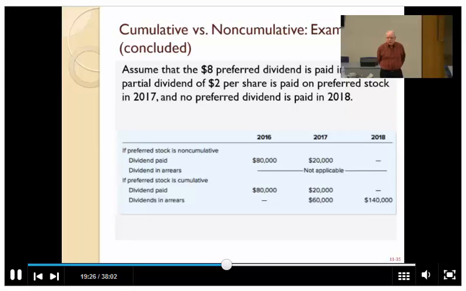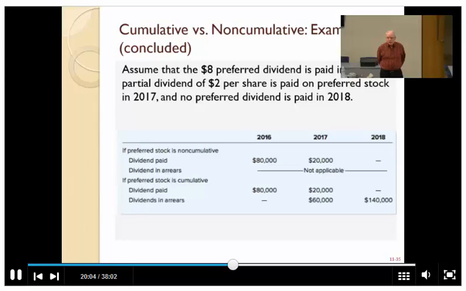Now, if the dividend of $100,000 is paid in 2016, all right, what would happen is the preferred stockholders would just get their current year dividend, and in the second year, they would just get the 20,000 and that would be that.